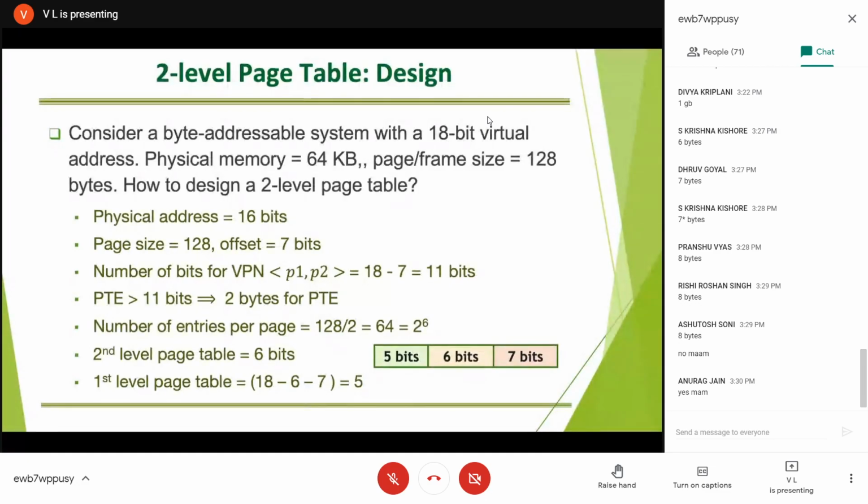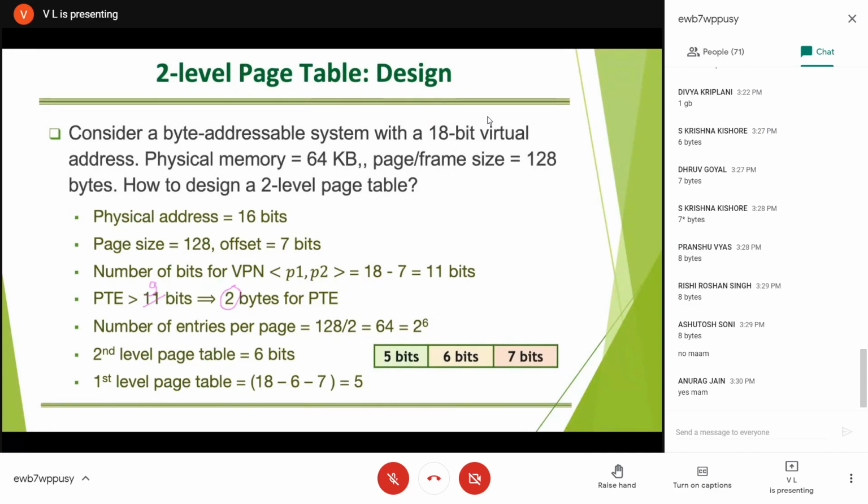Okay, and physical address means the page table has to contain the value of a page frame number. If you look at the physical address, it is 16 bits, out of which 7 bits are reserved for offset. So page table entry has to be greater than 9 bits. So it has to be greater than 1 byte. And other bits may be used for other purposes. So at least you will require 2 bytes for a page table entry.